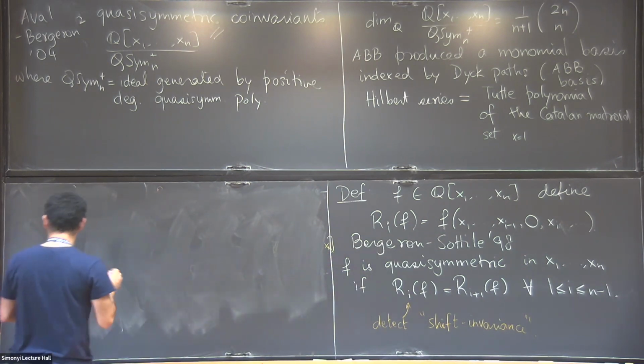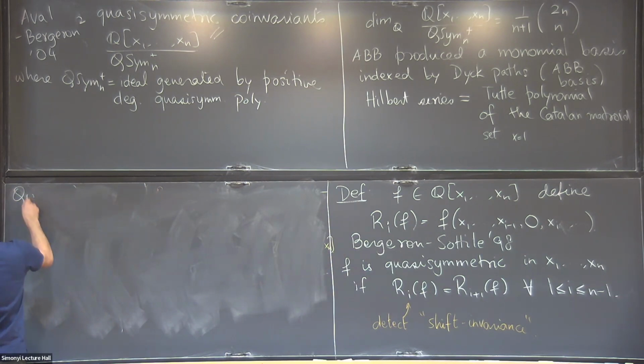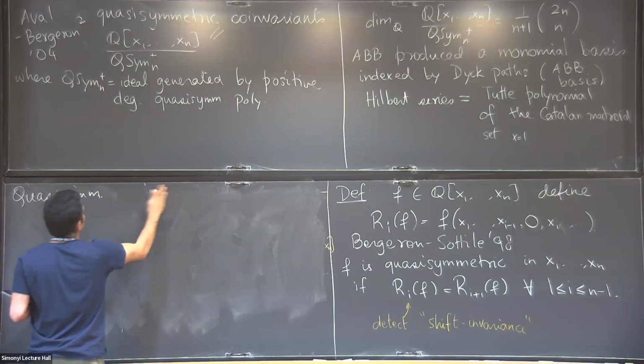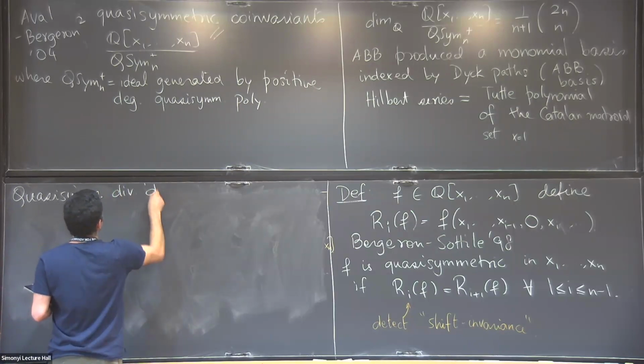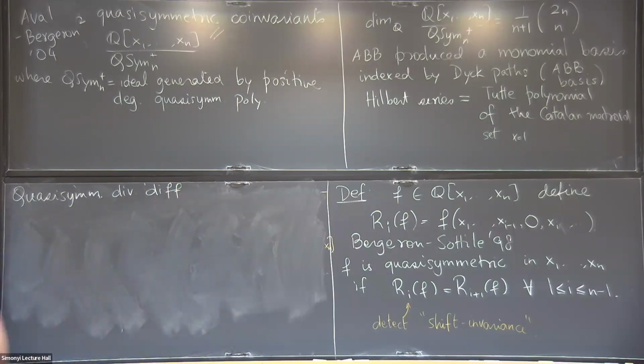So now define, so this is my quasisymmetric divided difference. What is this operation? It's going to involve some division, as divided differences should.